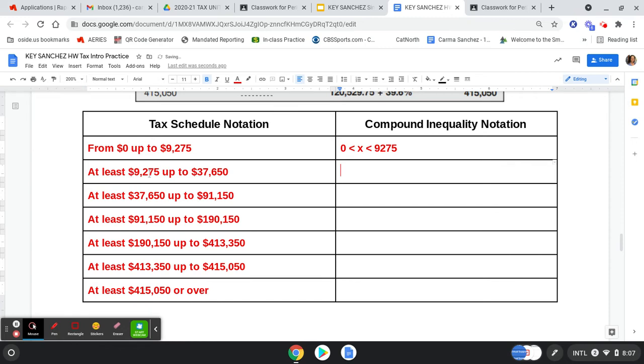Okay, now from the 9275 up to the 37,650, now we're going to start putting an equal to bar on the left-hand side of all of these, because it's at least this number on the left, but less than the other number. We'll talk about the last one in a second. So this one's going to be from 9275 to 37,650.